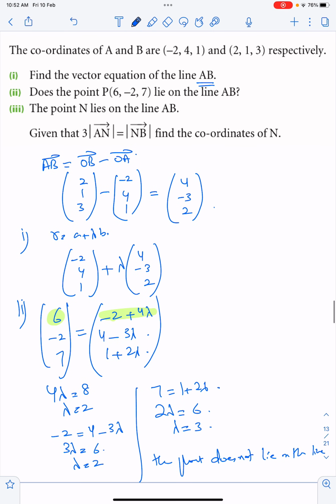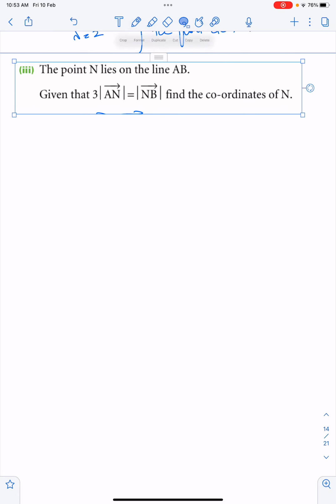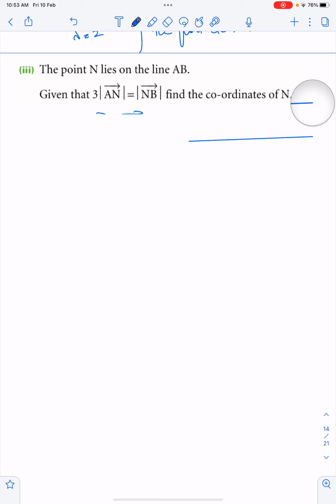Okay, and then in the third part they're saying the point N lies on the line AB. I'm drawing the line AB. The point N lies such that 3 times AN equals NB. This is N here.